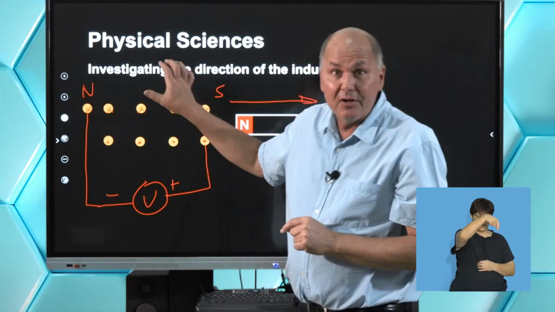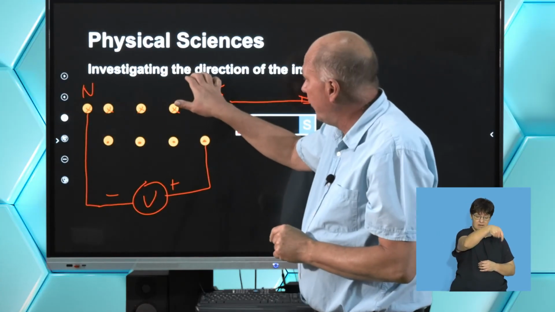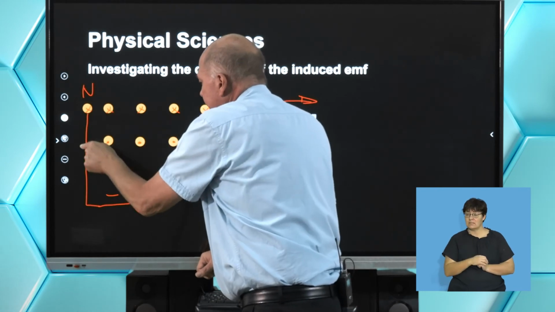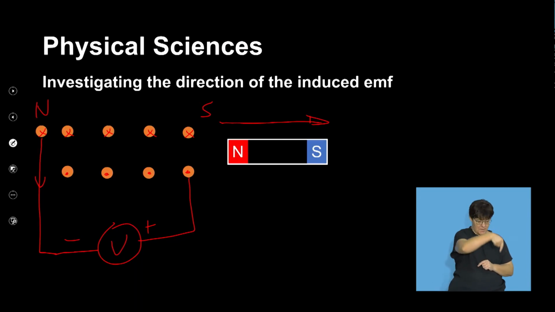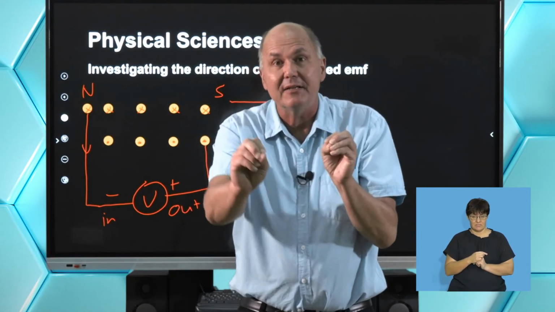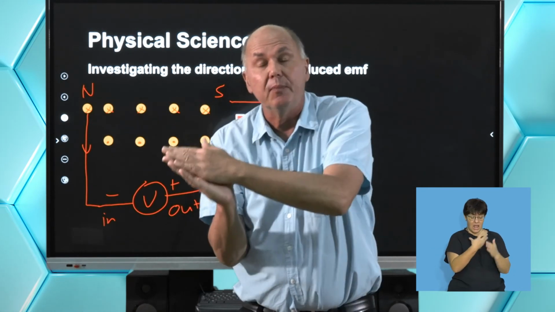And if the current goes in on this side, then we recognize that it's going to go down here and it's going to go in at the negative. And if it goes in at the negative and out at the positive, in which direction is the needle going to go? Well, we said if it goes in at the positive and out at the negative, then it will go in the positive direction.